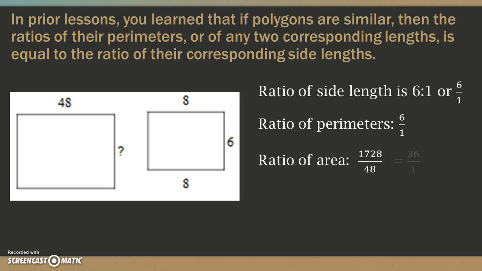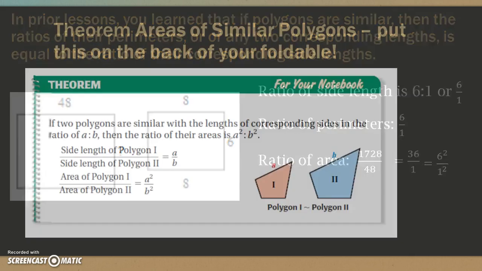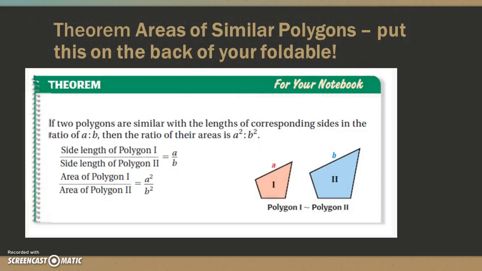But what we know is that this simplifies down to 36 over 1, which is just 6 squared over 1 squared. So the ratio of the areas, it's two-dimensional, so it's squared. You just take their length and you square it to create the ratio. So that's our theorem: if the side length of polygon 1 and the side length of polygon 2 is a to b, therefore, the area is a squared to b squared.